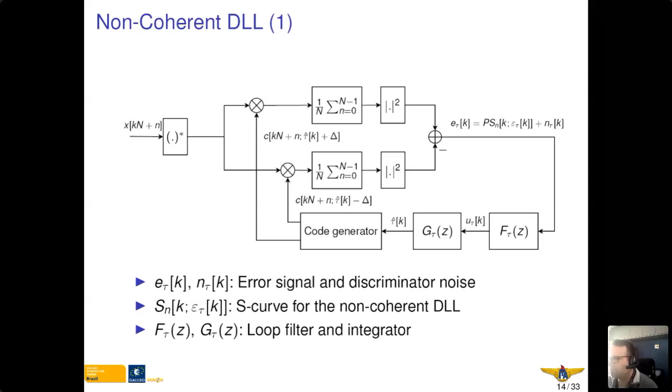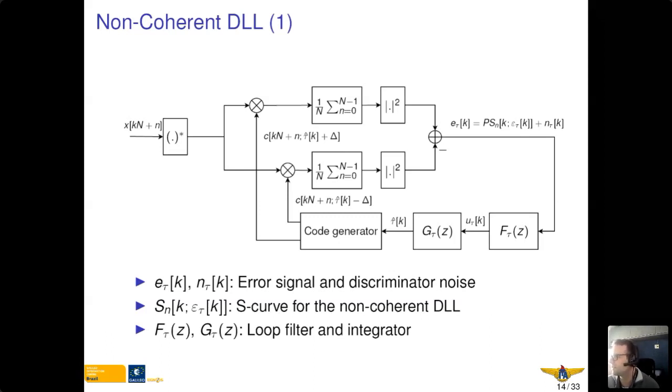Then this error signal is filtered by a loop filter, F of tau of z, and the output signal of this loop filter, u of tau of k, is fed to an integrator that is integrating all these corrections. Because the error signal E of tau is an estimate for the time delay estimation error. We will see this later, because we will linearize this.